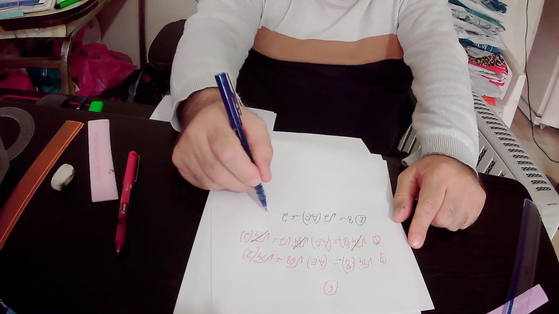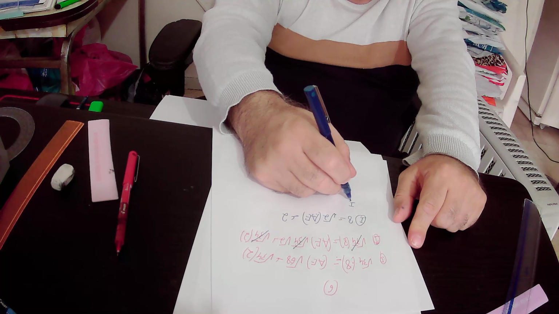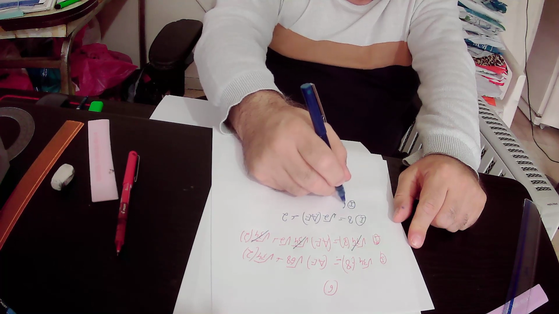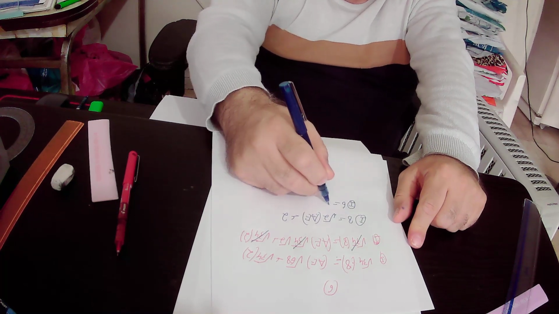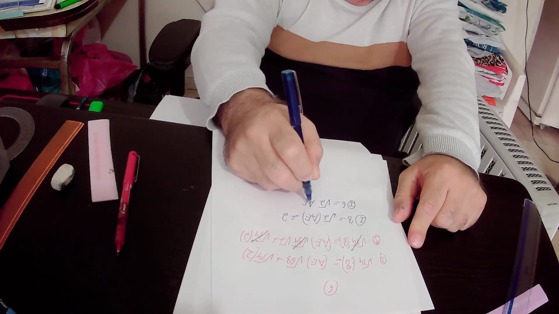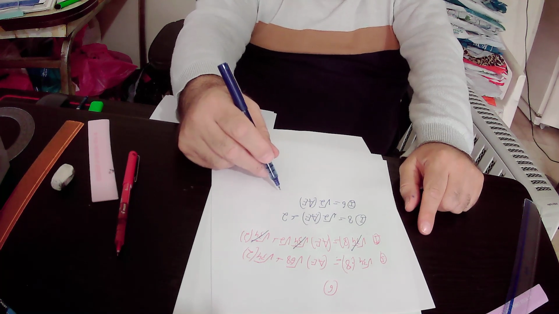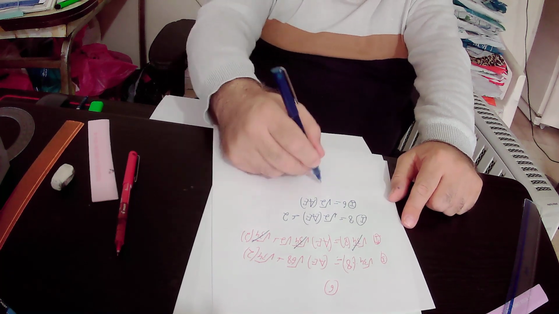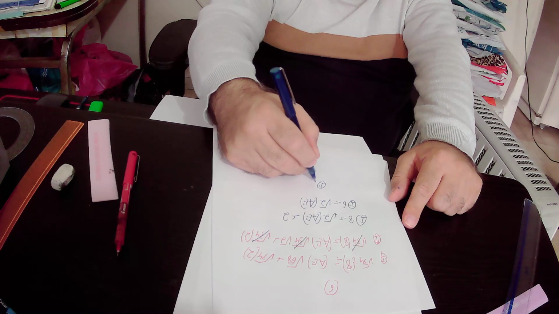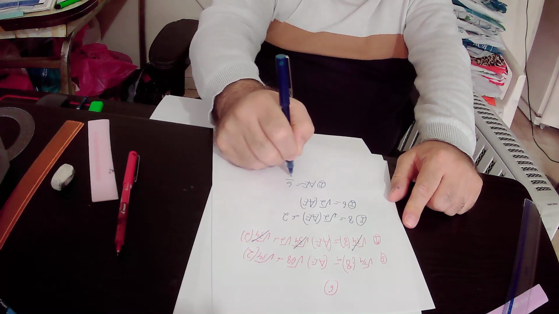So here we will subtract 2 from equation number 1, and we will get that 8 minus 2 is 6. 6 equals the root of 2 times AE. So here we will divide the equation by root 2, and we will get that AE equals 6 over root 2.